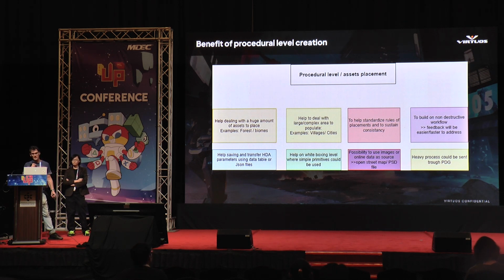For processes that are a bit heavy, this can be sent offline through PDG, the procedural dependency graph in Houdini, to link different actions together, to not block the artist's machine. And we could also use a data table or JSON file to save and transfer parameters from one tool to the other.